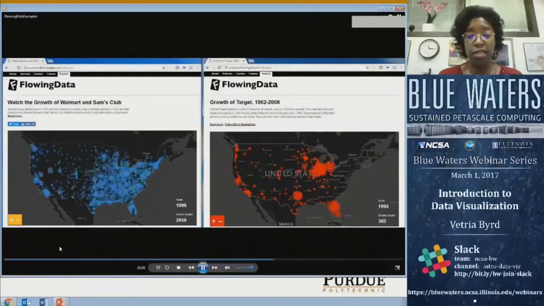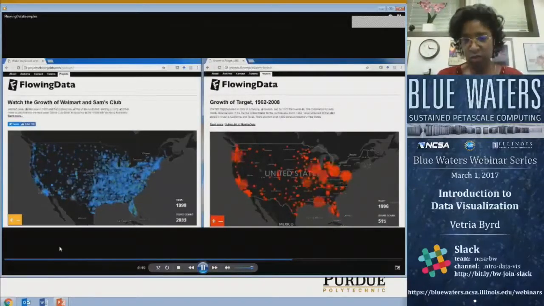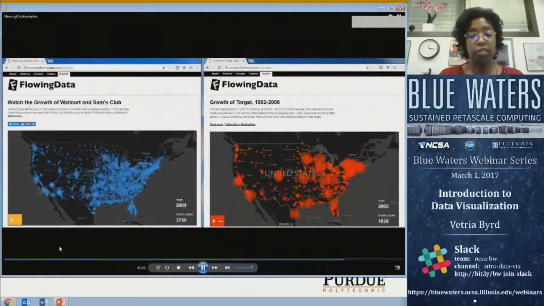Now, these representations are for the openings of stores. This does not include those stores that may or may not have closed. But the whole idea here is to show you how you can use data visualization to convey information.